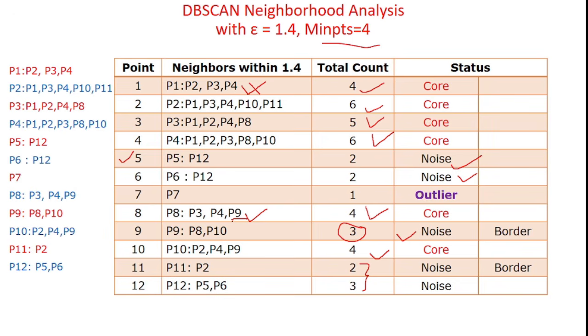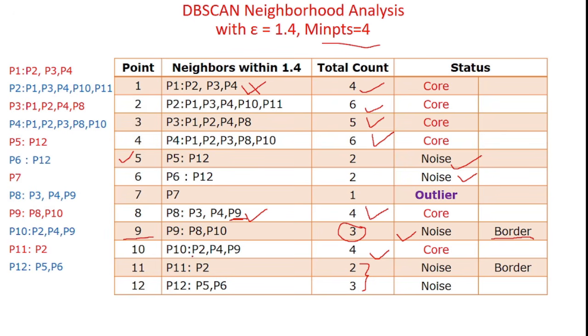So the ninth data point is a border data point of the particular core. Of which core? The 8th core. The 8th data point acts as a core point, and for that particular core point, the border point is the 9th data point.